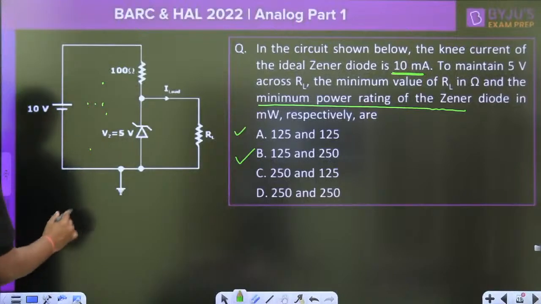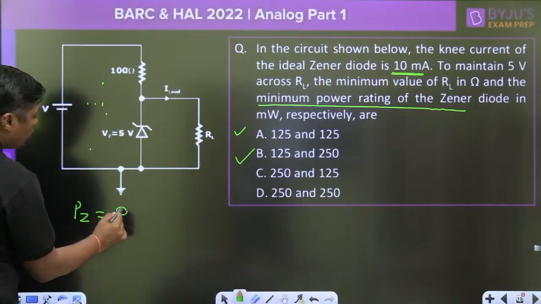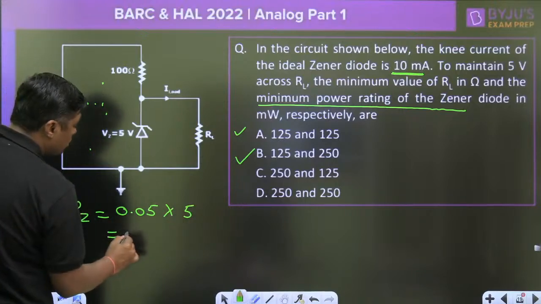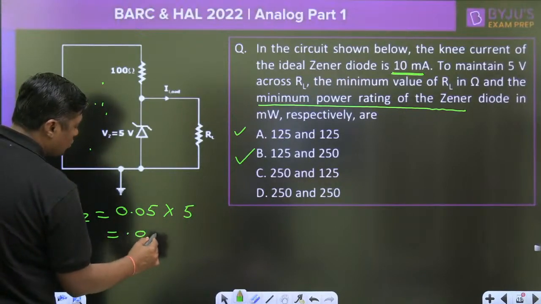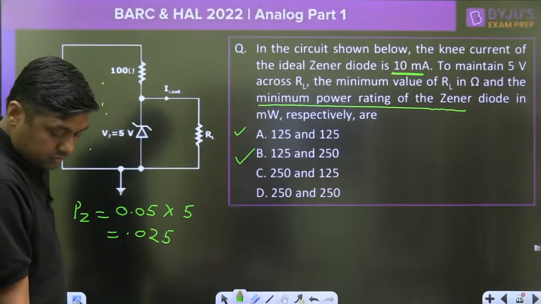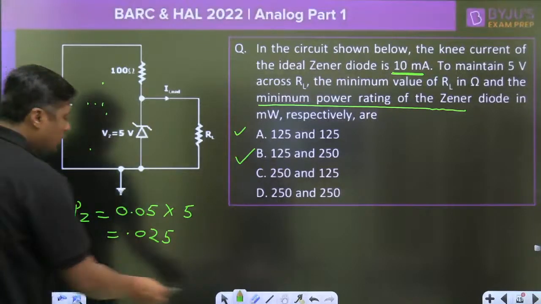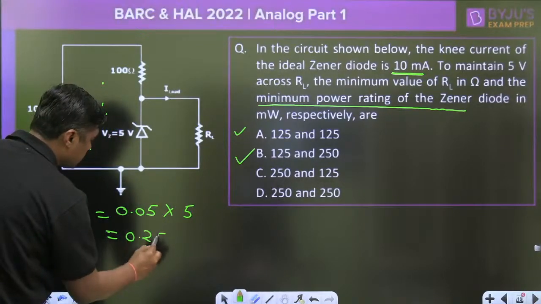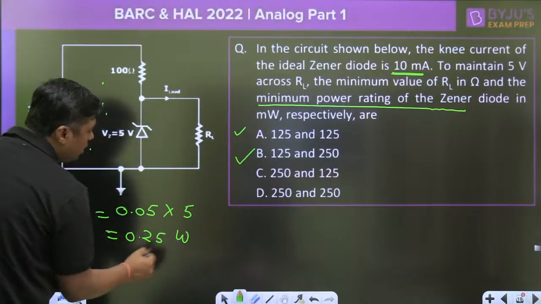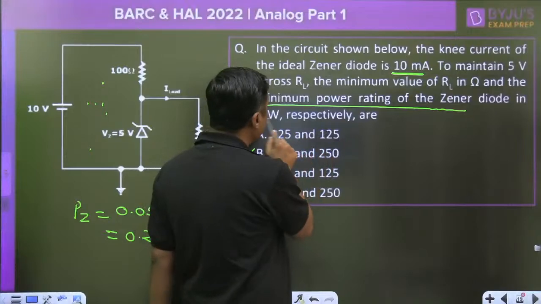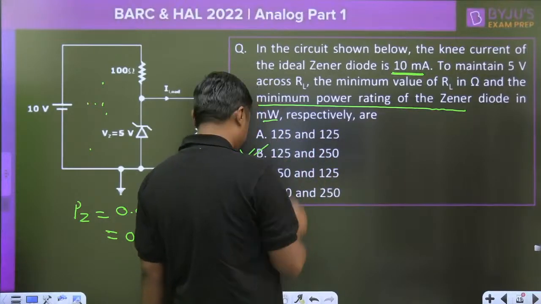What is the power rating? 0.05 is the maximum current, and this is the 5. 0.25. In milliwatt it is what? 250 milliwatt. This is the answer.